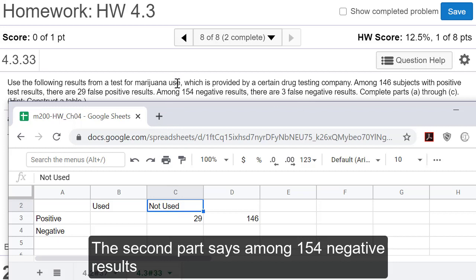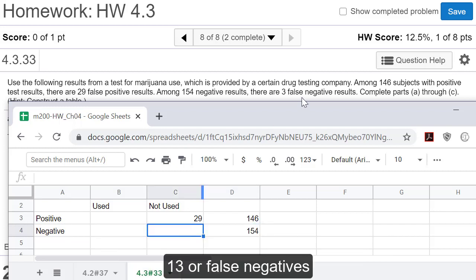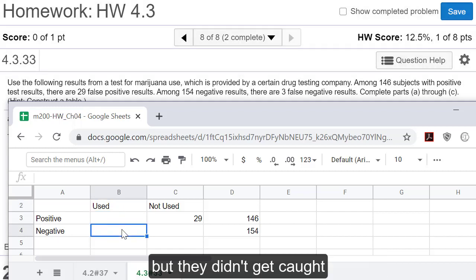The second part says among 154 negative results, the negative results would go here. 3 are false negatives. So false negatives means that they used it, but they didn't get caught.